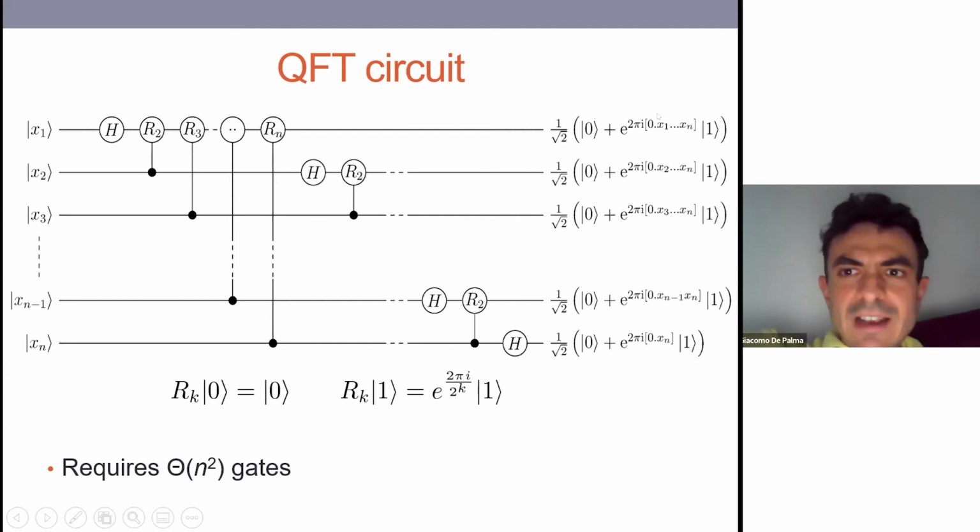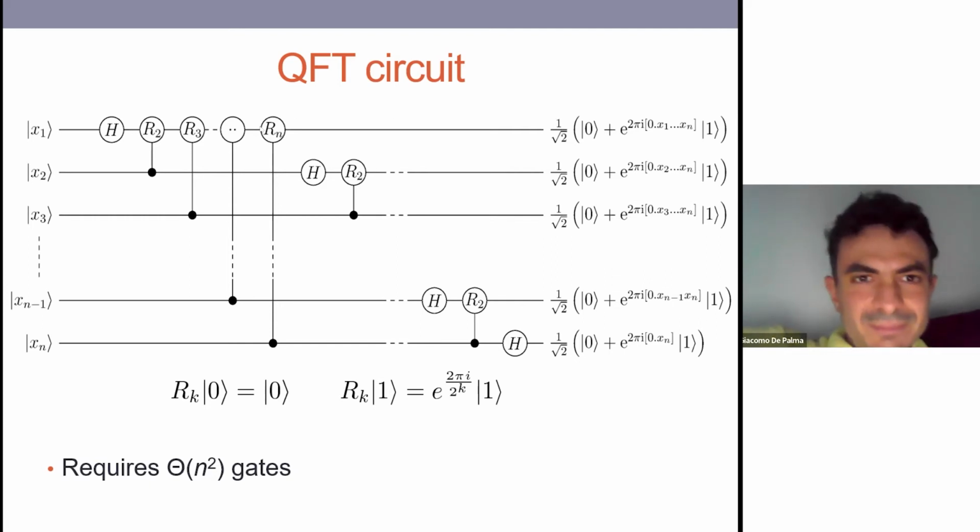So R2 will add the 0.0x2 that you see here, and then R3 will do the same with x3, up to Rn that will add up this phase 0.0000 with xn in the end.